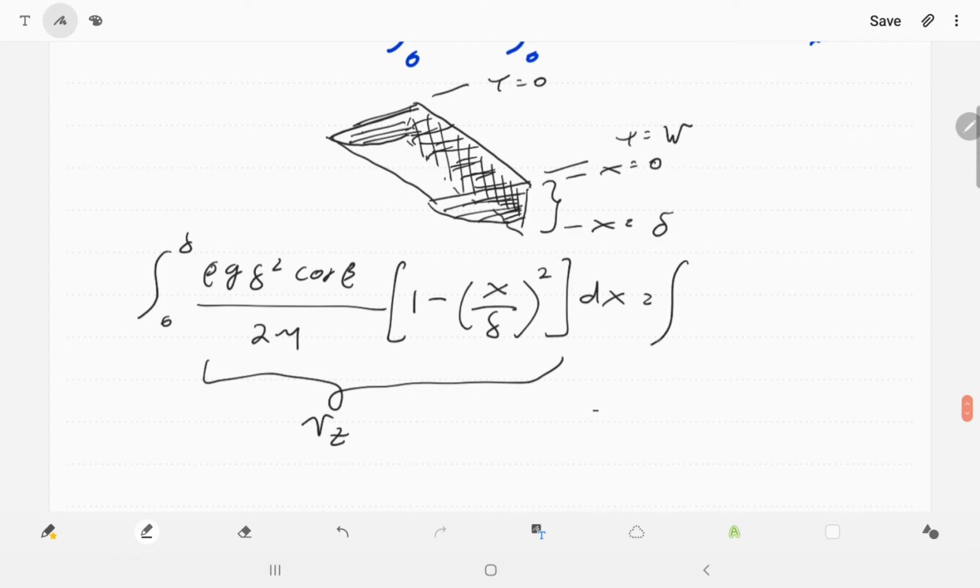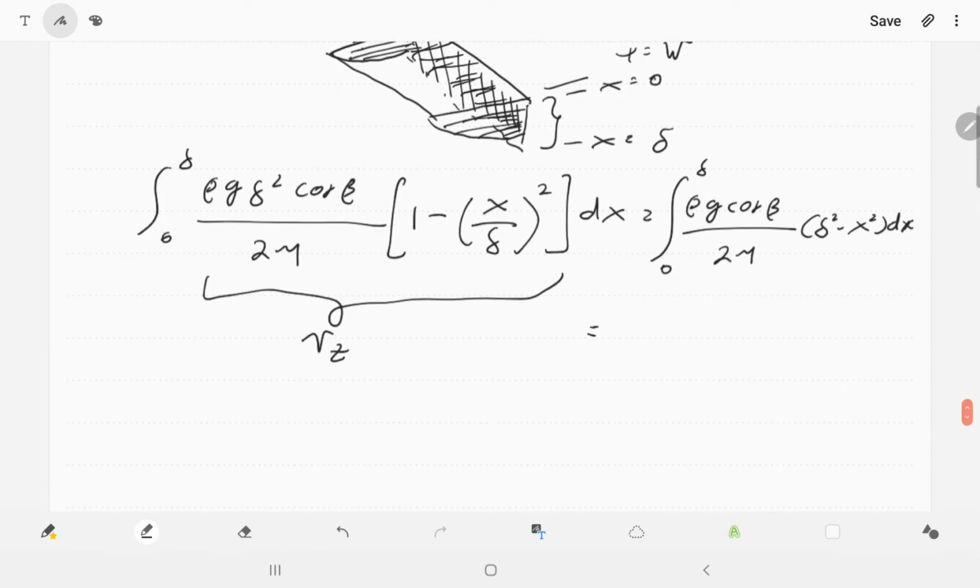Okay, so this one is integral from 0 up to the film thickness, rho g cos beta divided by 2 mu dx. Okay, then we carry on: rho g cos beta divided by 2 mu x. Then we integrate this one. Then we get the limit of 0 up to the film thickness.